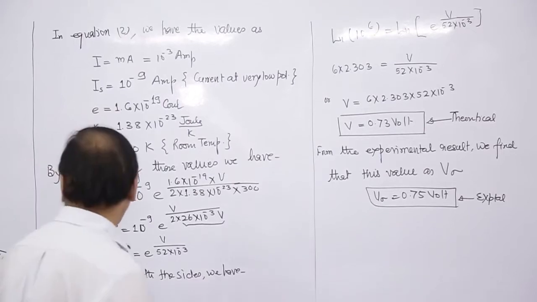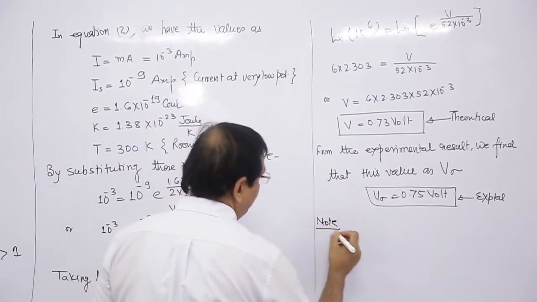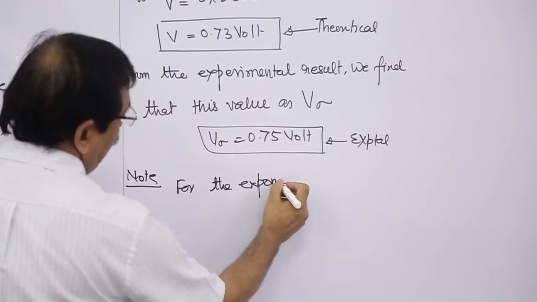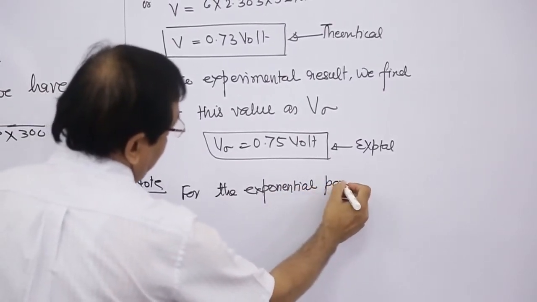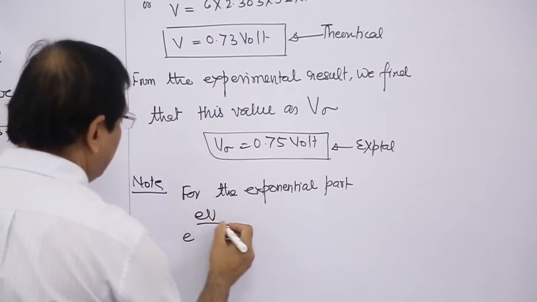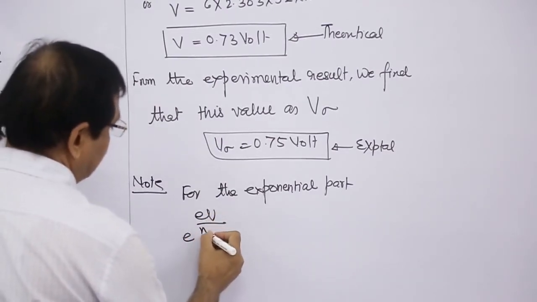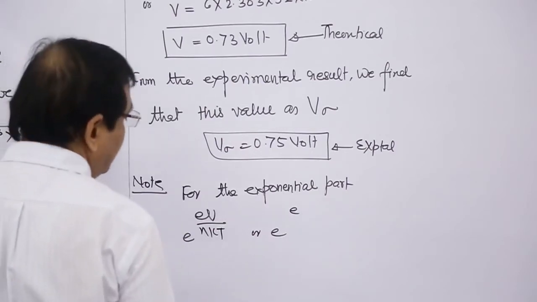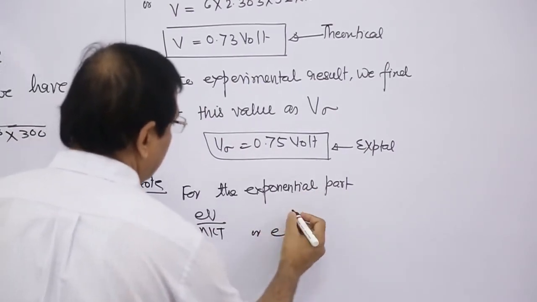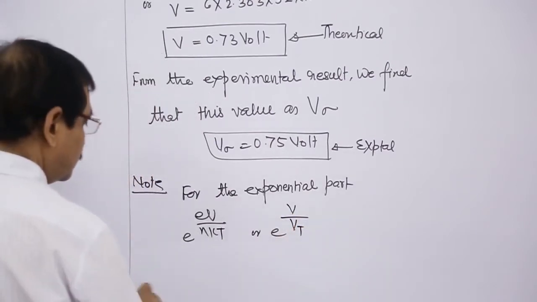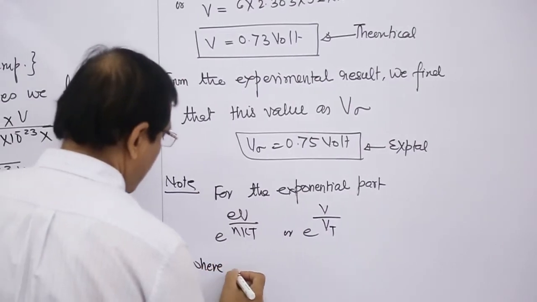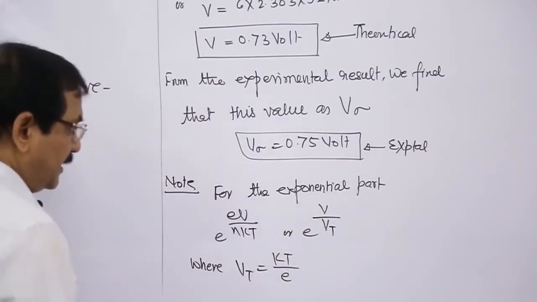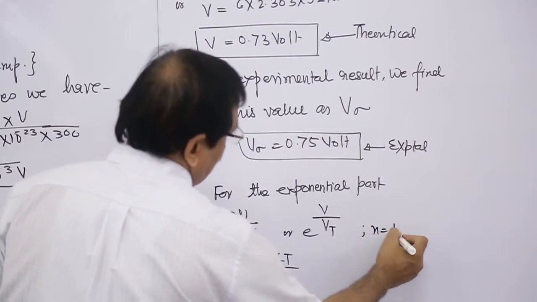Now, note the exponential part, that is e raised to the power eV upon nkT, or e raised to the power V upon Vt, where Vt is equal to kT upon e, and n is 1.